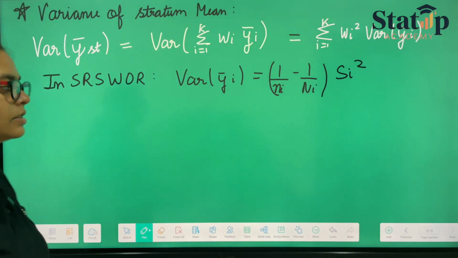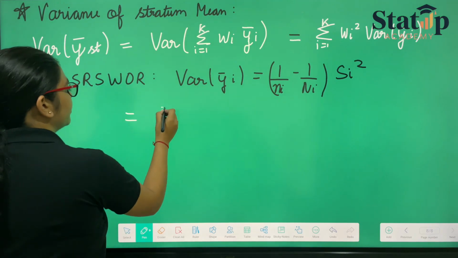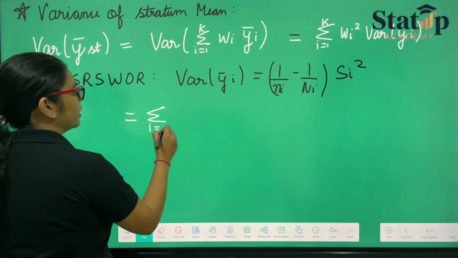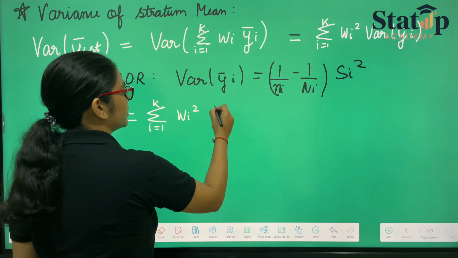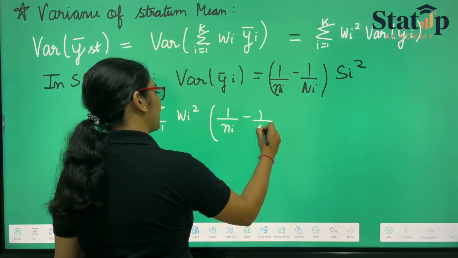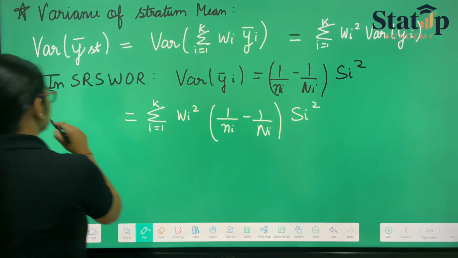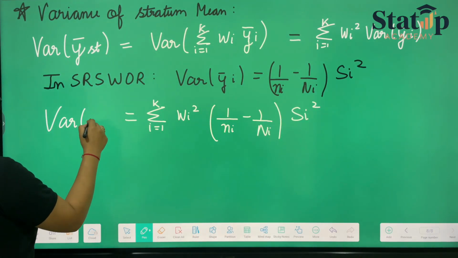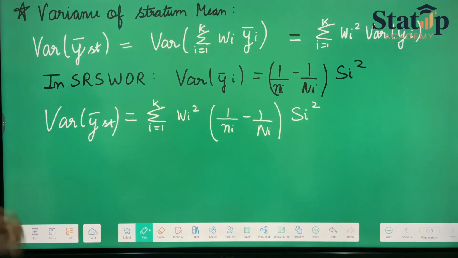This was the variance in simple random sampling without replacement. So replacing this, we will get summation i goes from 1 to k, wi square, 1 upon small ni minus 1 upon capital Ni, capital Si square. This is the variance of y bar st, right?